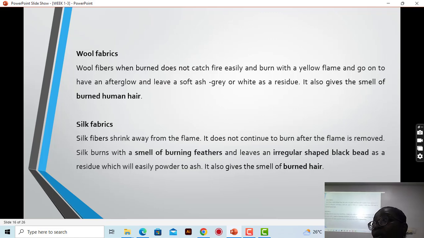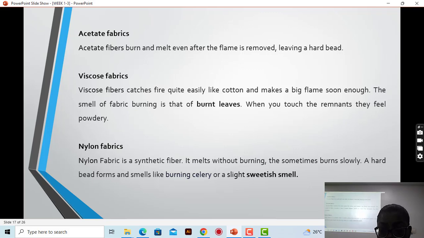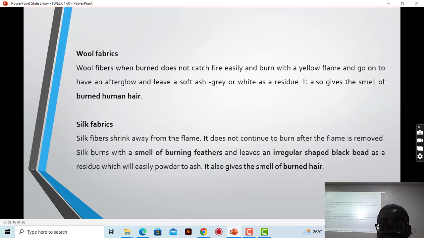When you blow air and the flame leaves, it does not burn again. Do you understand? It will not burn again. Assuming there's a strong wind blowing and then the fire goes off, it will not burn again. It won't even melt. That is the end of it.